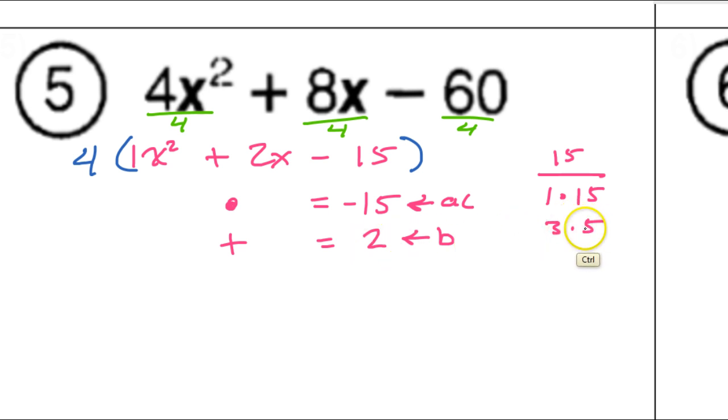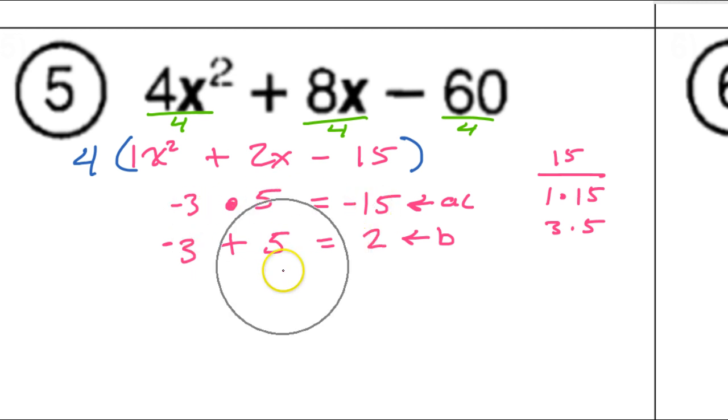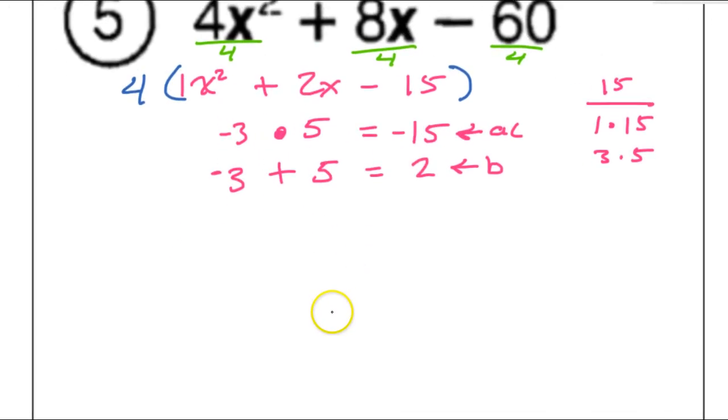Well, that would have to be the 3 and the 5. And to give me a positive 2, I would need a negative 3 and a positive 5. So it has to be the same numbers for the product, so that would be negative 3 times 5, which is negative 15, so we found what we needed.